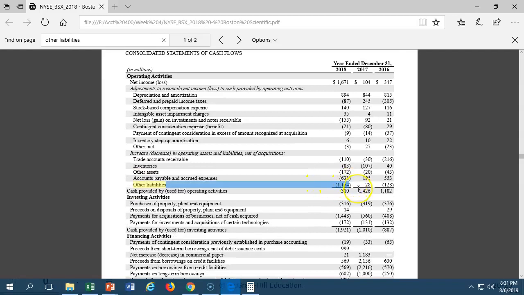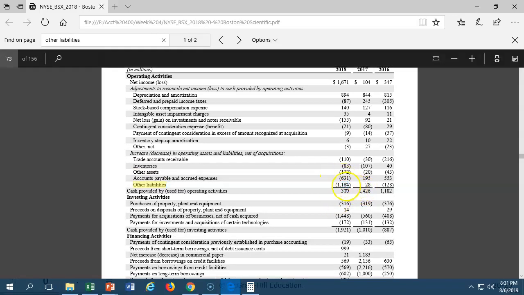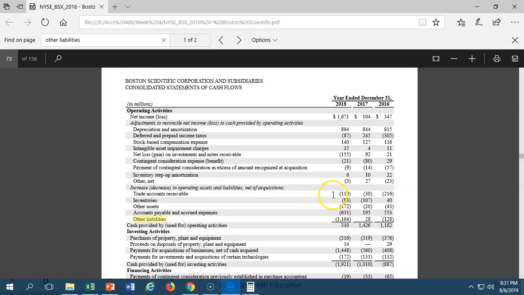Yeah, I'm struggling. I was trying to calculate how they calculated the 1164 from the balance sheet items and other parts of the financial report.